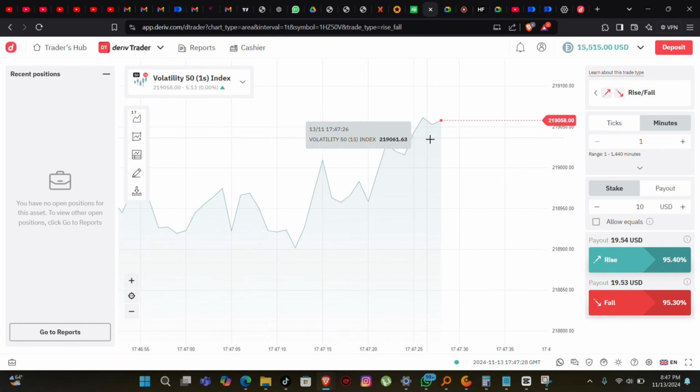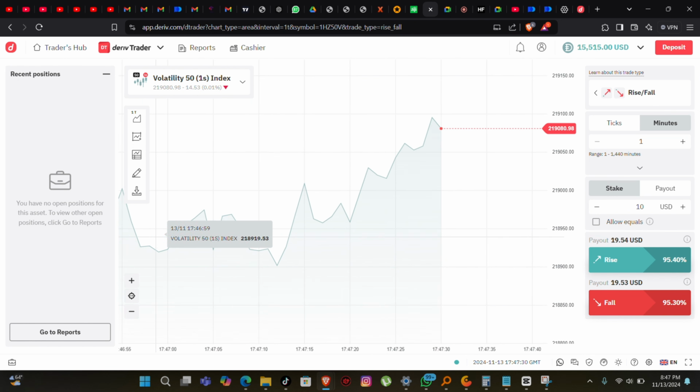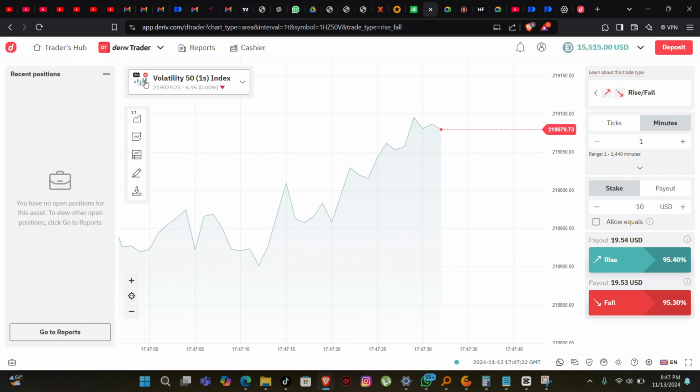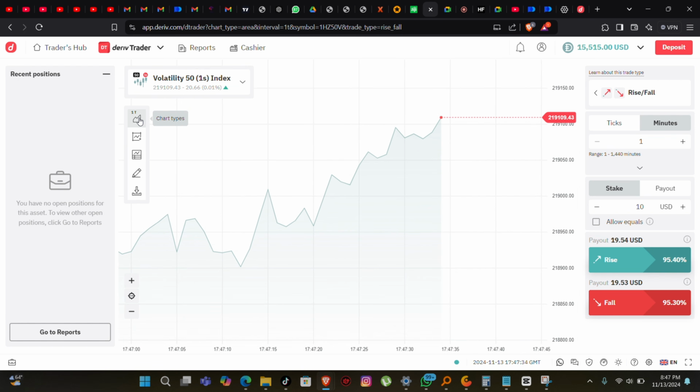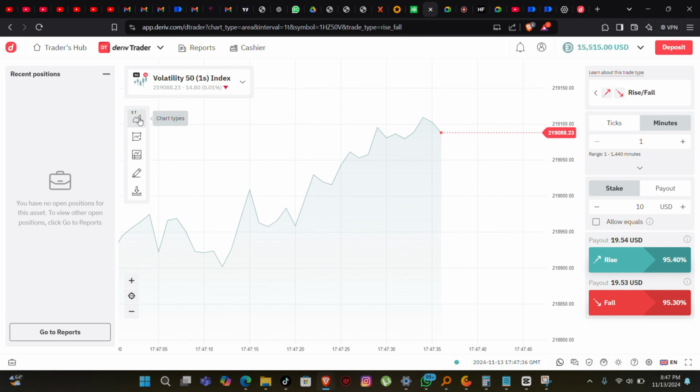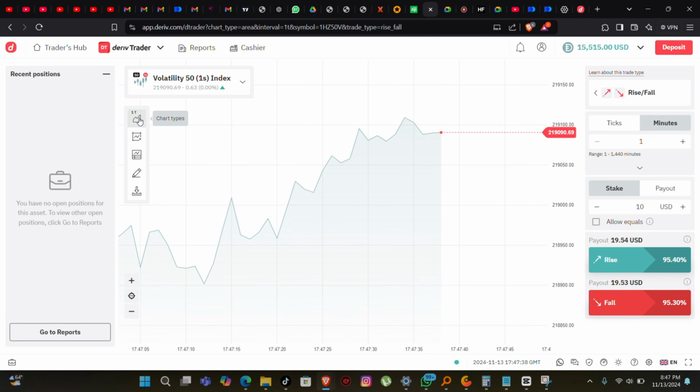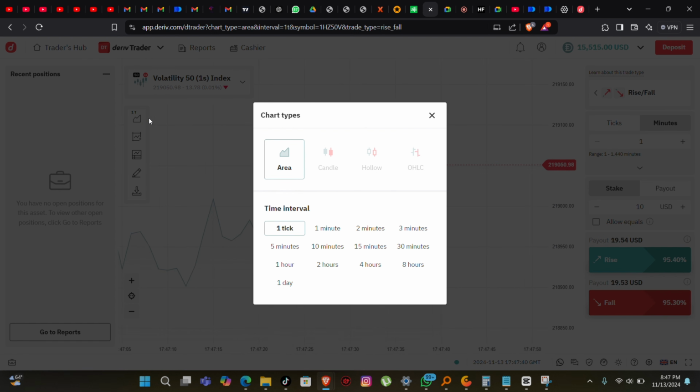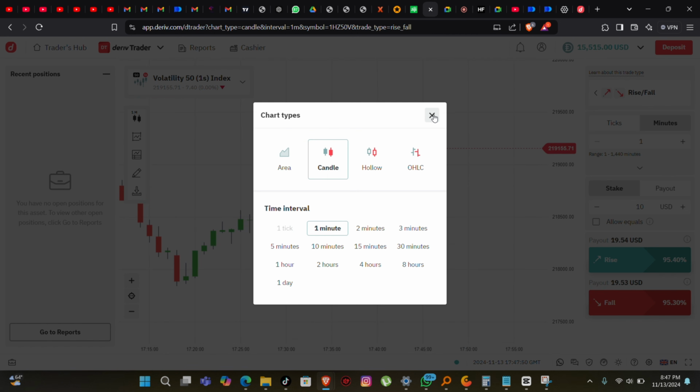Then the other thing you're going to change, you can see this point here on your left, just below the volatility, you can see something that looks like a bar chart. It's written 1T. So in this case, it is the chart types. You click on it, then you're going to select 1 minute, then it will allow you to select the candlesticks.